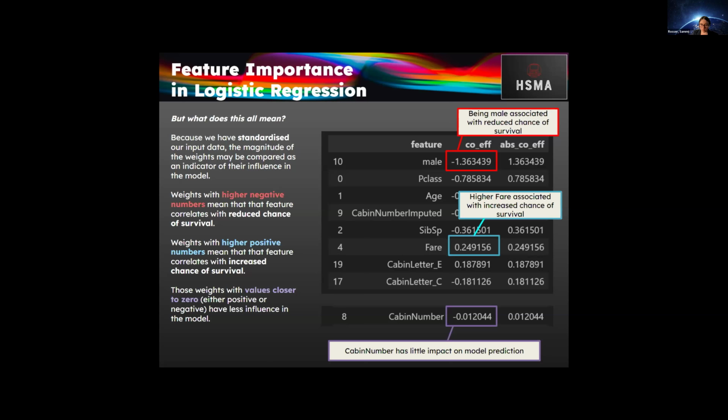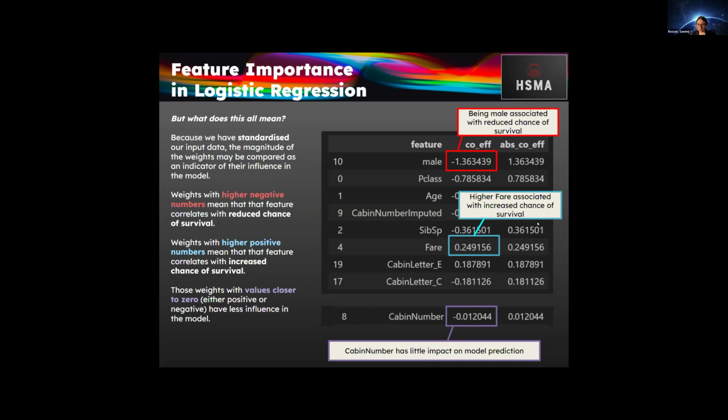Larger negative numbers, so very low, kind of, -10, -15, the lower you go on the number line, weights with higher negative numbers mean that the feature correlates with, in this case, a reduced chance of survival. So being male here is associated with a reduced chance of survival. The higher positive numbers mean an increased chance of survival.